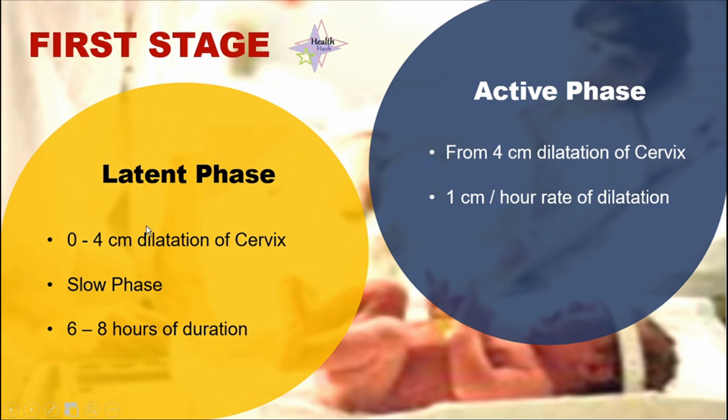Once the cervix reaches a dilation of 4 centimeters, the active phase starts. It then dilates to its maximum dilation at a rate of 1 centimeter per hour. The maximum dilation a cervix could have is on average about 10 centimeters.